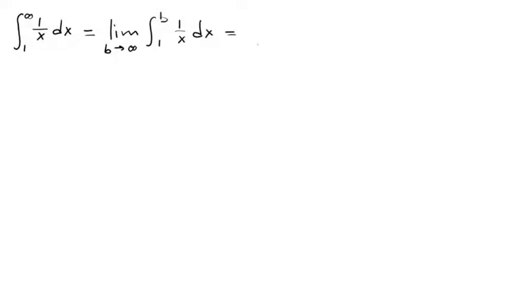All right, now 1 over x is the antiderivative of the natural log, so this is the limit as b goes to infinity of ln of x from 1 to b. Right. And then I evaluate my bound, so I've still got the limit here.